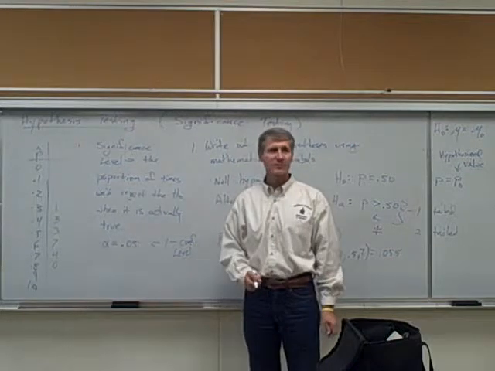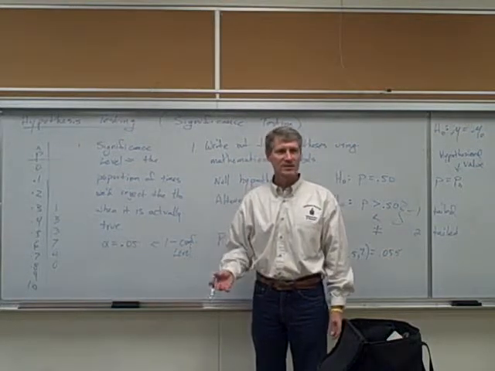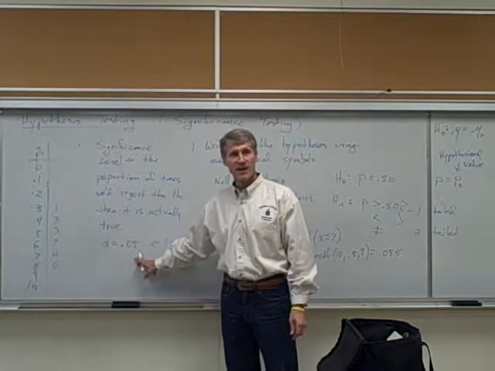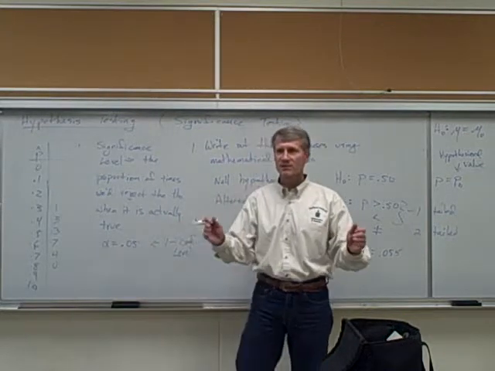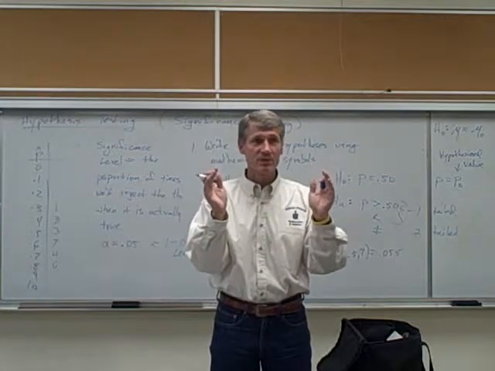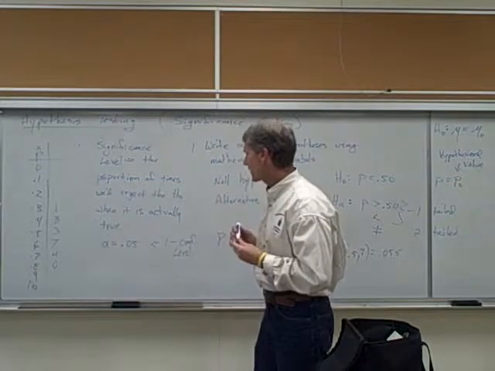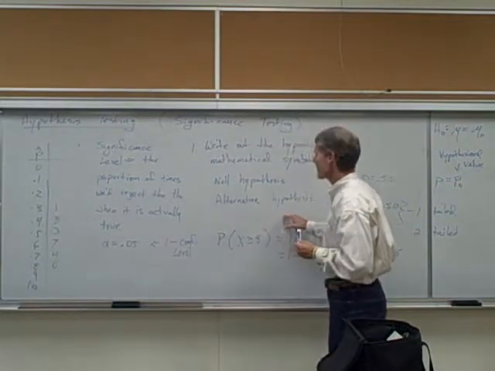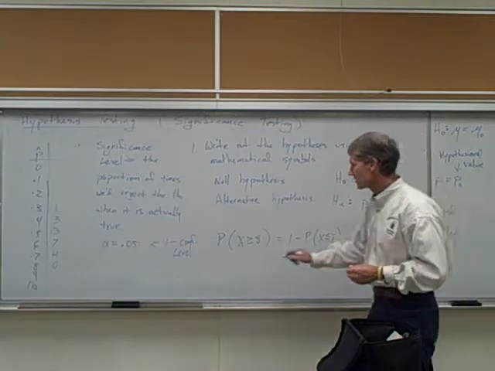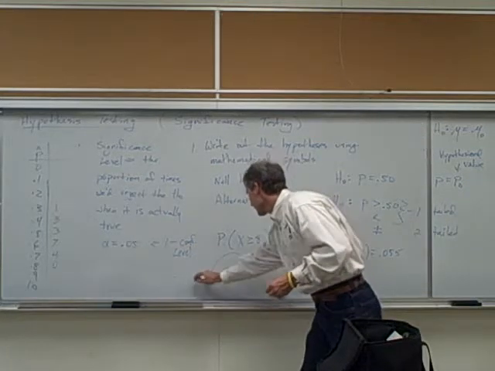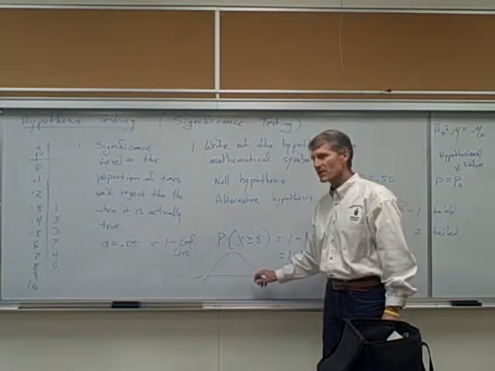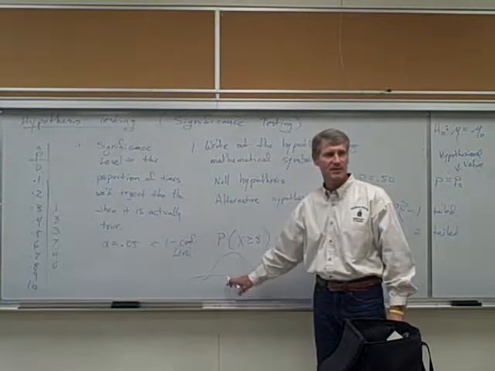If I do a 95% confidence interval, that's the same thing as saying I have an error rate of 5%. 95% of the time my confidence interval will contain the true value, which means 5% of the time it won't. Well, that means I would reject the null hypothesis 5% of the time because 2 standard errors around my p-hat got far enough out that 2 standard errors missed the p in the middle.